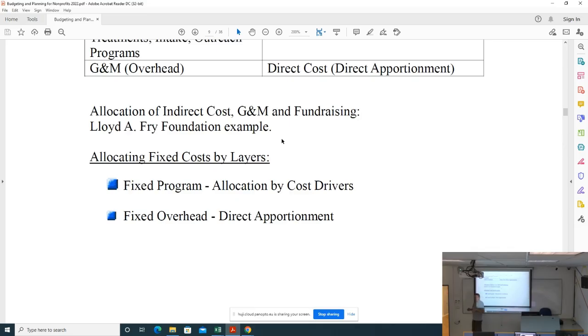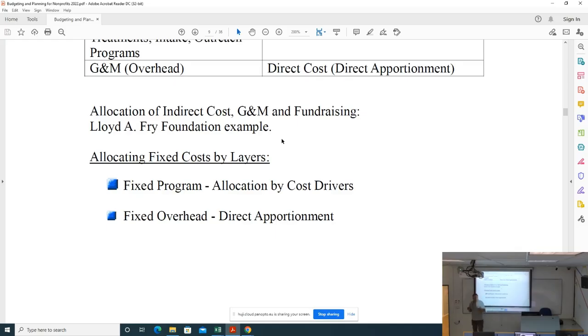Okay? So this is basically the way that we allocate fixed cost. And now I want to propose, again, it's not something which is a necessity, a method of allocating fixed cost using two layers. And I want to explain what it means.